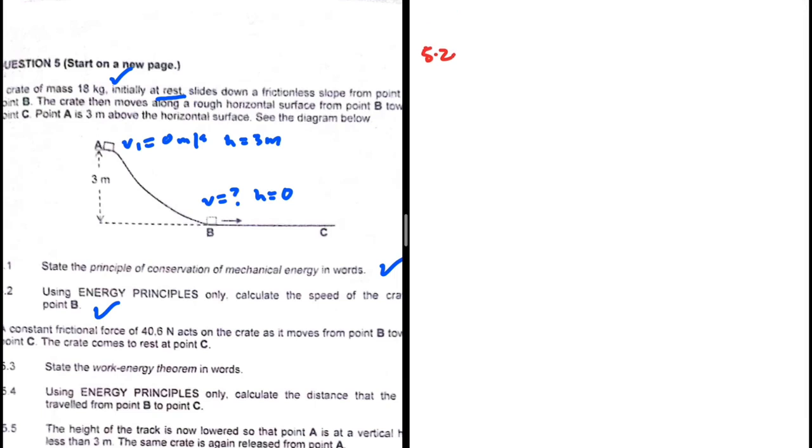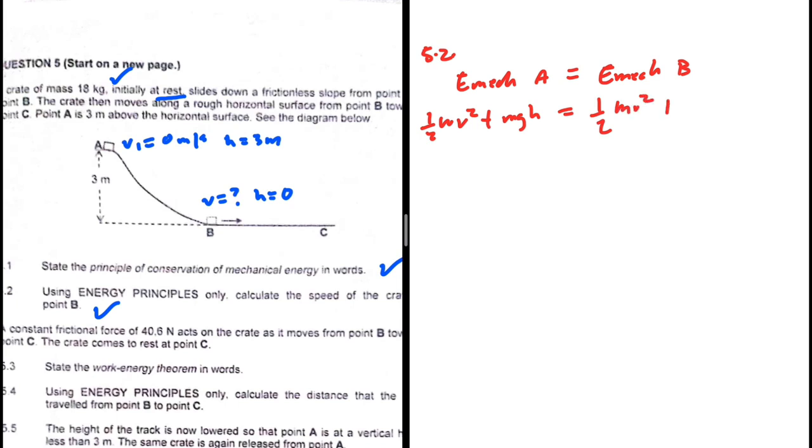If we apply that, the mechanical energy at point A equals the mechanical energy at point B. The mechanical energy at point A is just the kinetic energy plus the potential energy, and the same is true at point B.